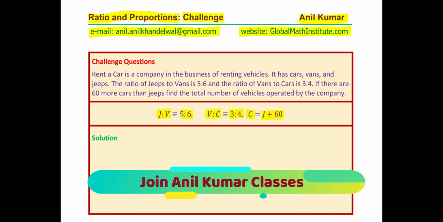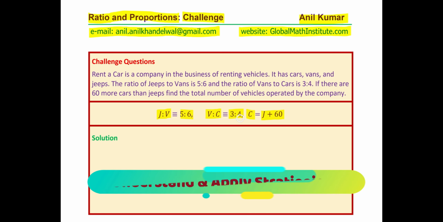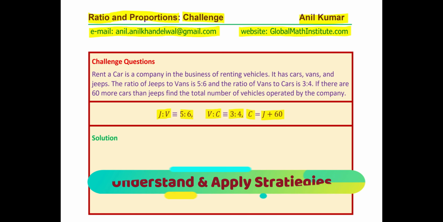What you really need to find is the total number of vehicles operated by the company. So the total number you're looking for is jeeps plus vans plus cars.